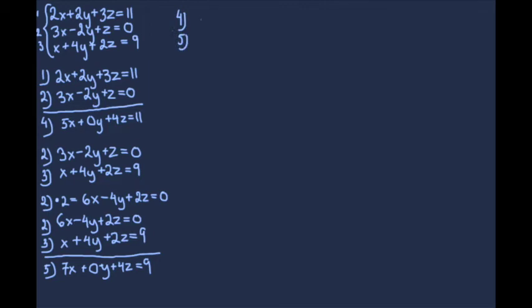After this, we can use equations 4 and 5 to make a new equation system with 2 unknown variables. Multiply equation 4 with minus 1, so that we can eliminate the variable z by doing like this.